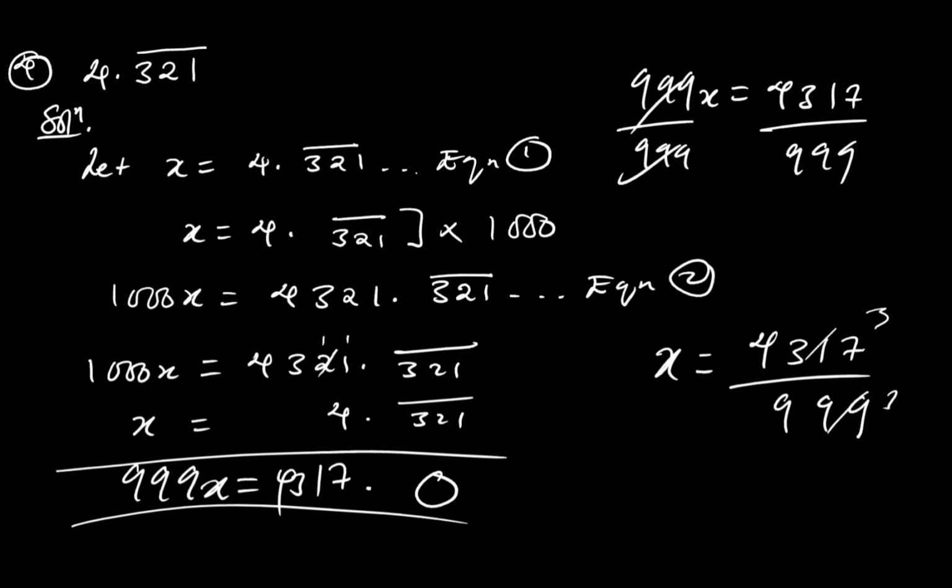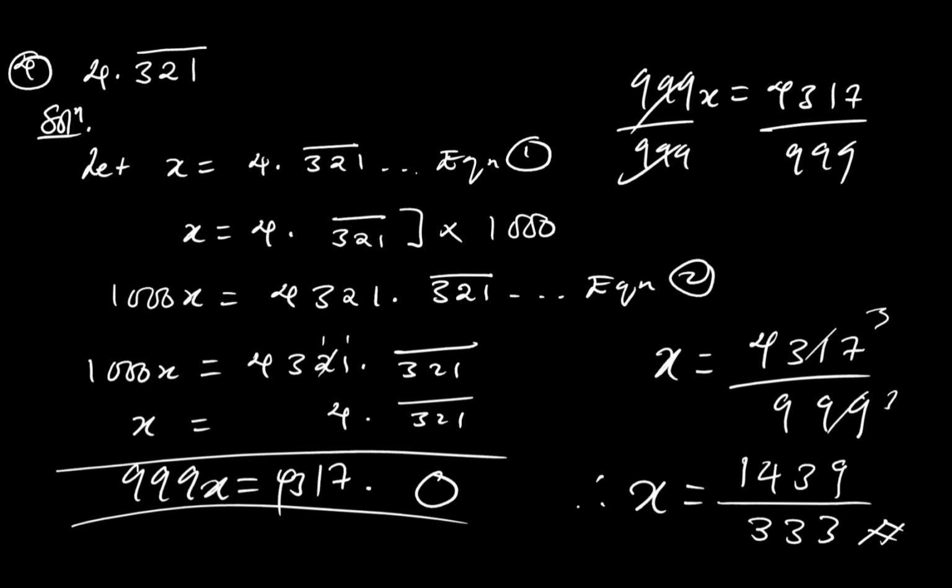Even here we have 3. Therefore, x is equal to 1439 over 333. Now, this could be a bit of a handful, but as you keep on trying how to solve this, you get a hang of it and you understand.